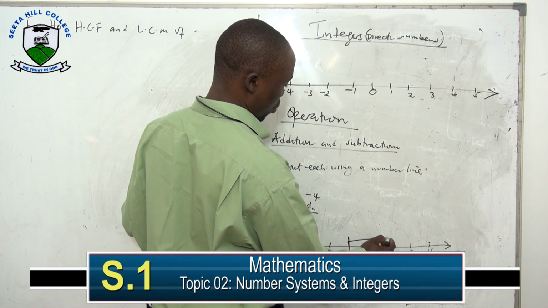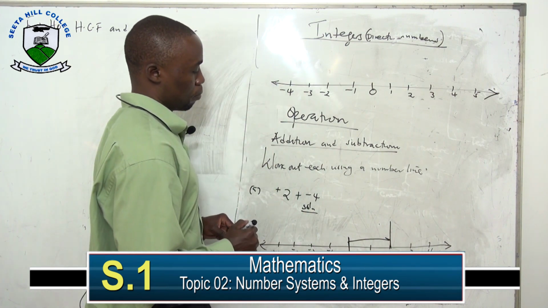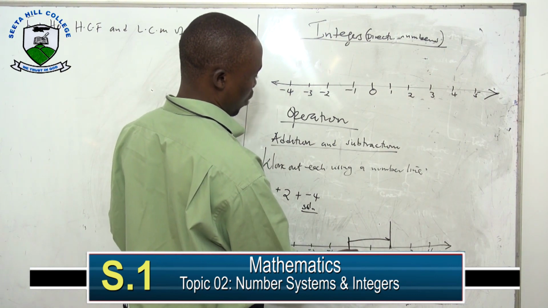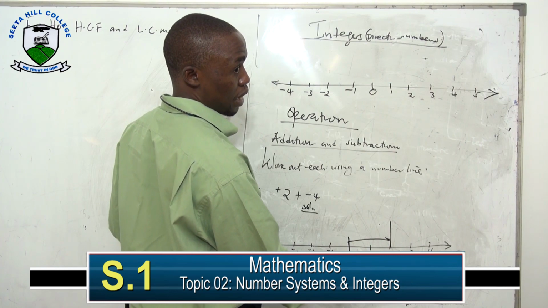Then you are reversing how many? 4 steps. Count, that means 2 is now going to become our starting point.